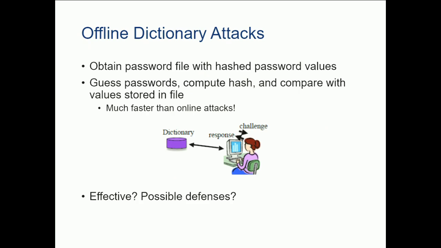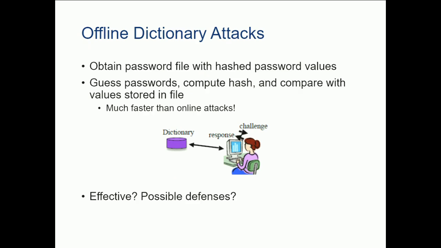In practice, we won't store the password in plain text. Instead, we will normally store the hash of the password. So now the attacker has a list of usernames and the corresponding hashes of the passwords, and the goal for the attacker is to identify the password for some of the users.